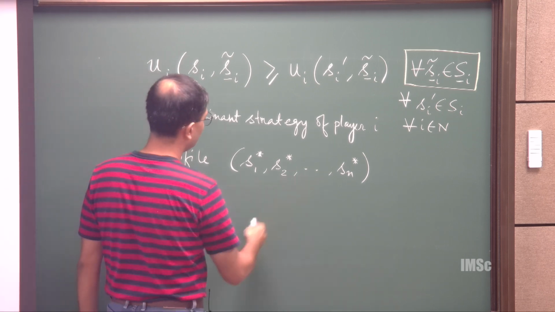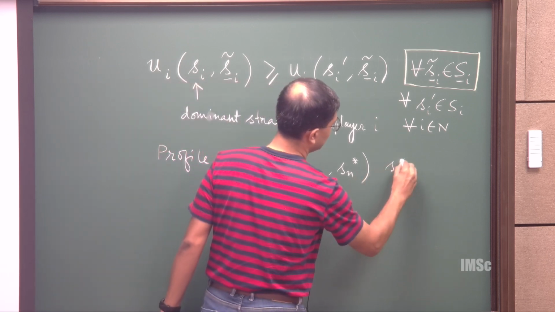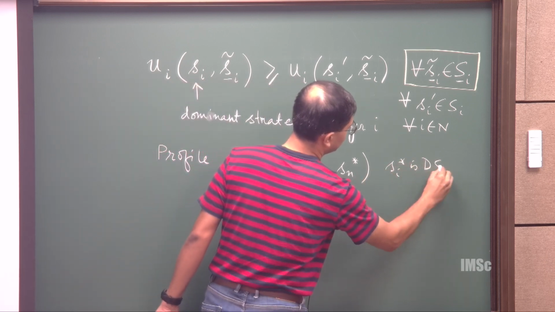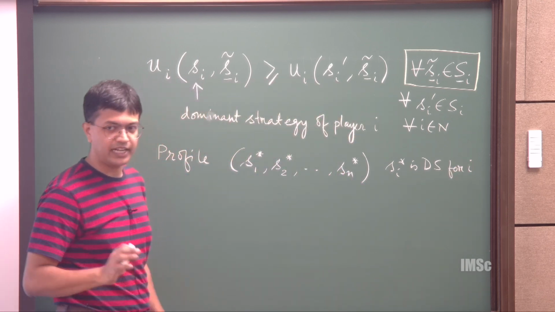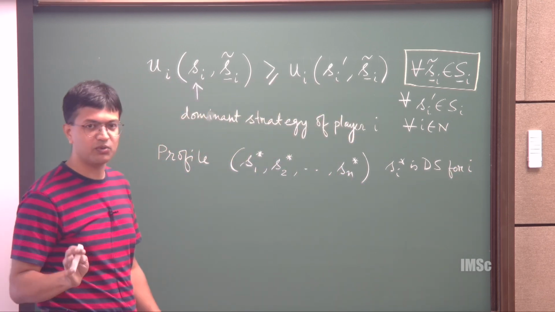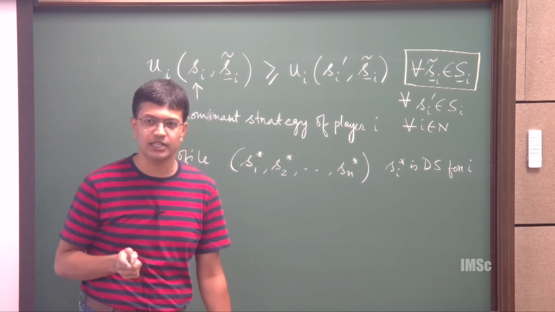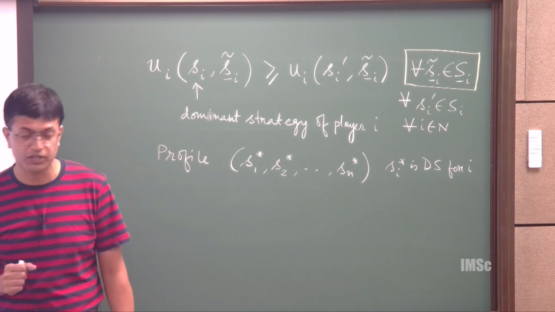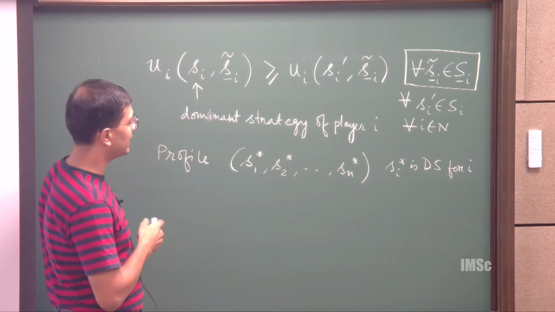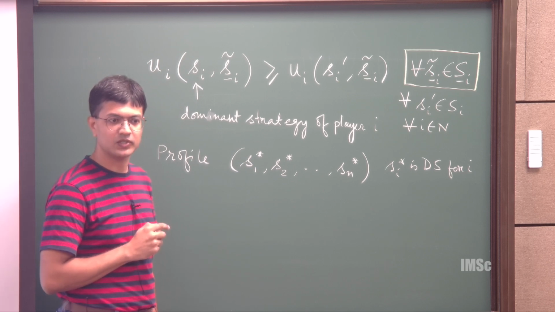But if this profile has S_i star as a dominant strategy for every i, then it's not Nash equilibrium. That's what I want to emphasize. This is a dominant strategy equilibrium, much stronger than Nash equilibrium, and I'm coming to Nash equilibrium because you see the difference there. So what was the definition of Nash equilibrium?